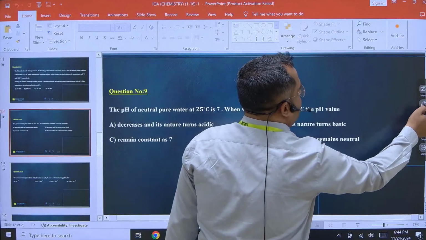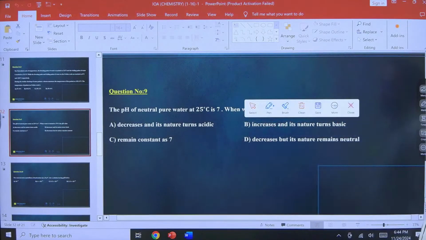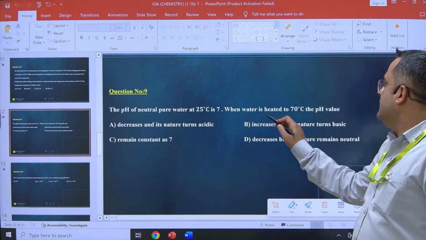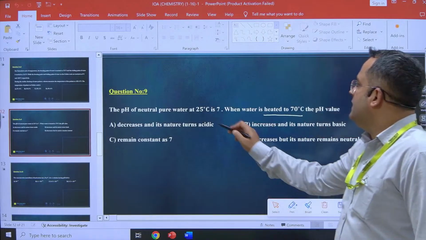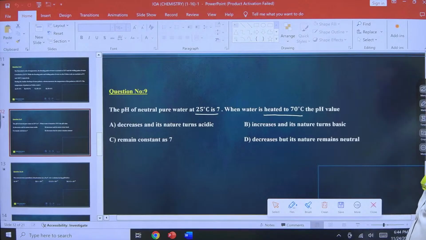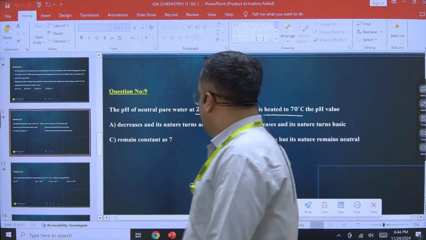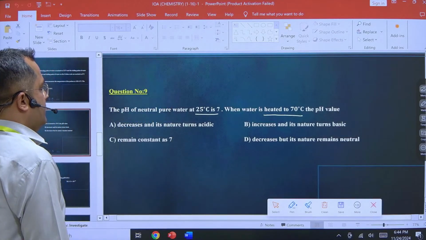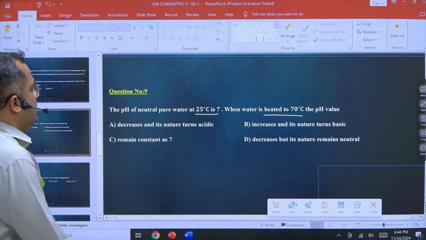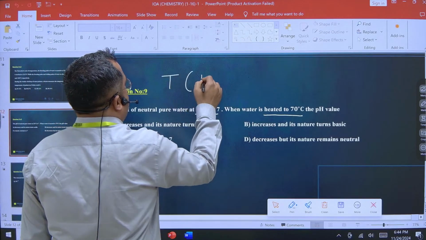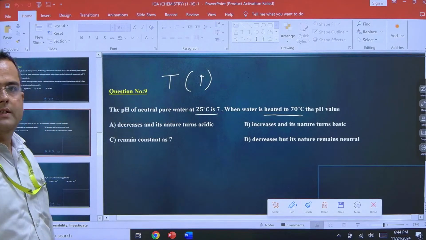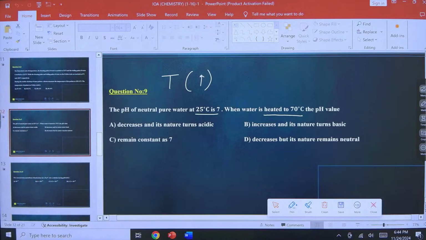And what they are asking is, if we are increasing the temperature, means heating, from 25 degrees Celsius where pH equals 7, will the pH value decrease or increase? They have increased the temperature from 25 degrees Celsius to 70 degrees Celsius.